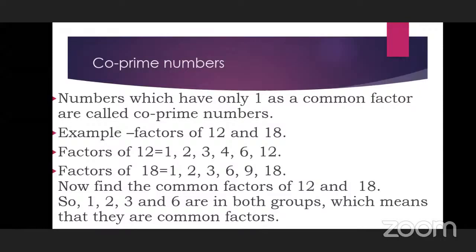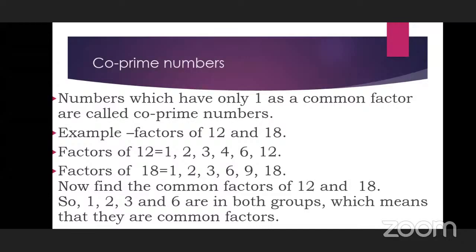Numbers which have only one as a common factor are called co-prime numbers. Example: the factors of 12 and 18.